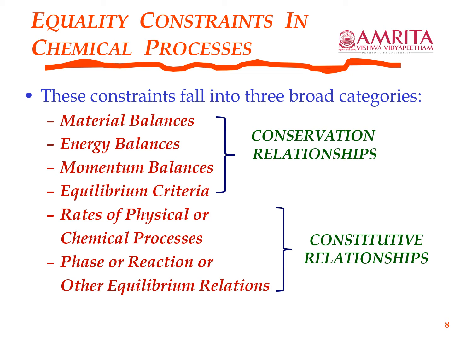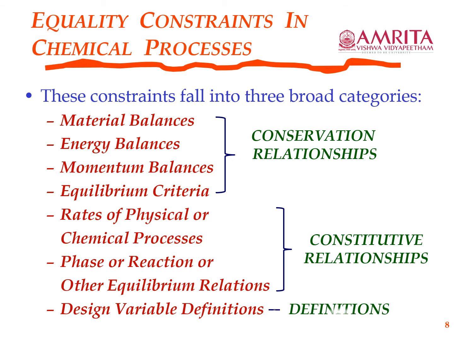So how do you define this chemical potential? You would have written some activity coefficient model based relationship that you would have derived, or equation of state based relationship that you would have derived, right? Fugacity coefficient or activity coefficient and so on and so forth. So all of those are constitutive relationships. And then finally, design variable definitions, which is, for example, the definition of residence time that we just saw, right? So basically these three types of relationships.